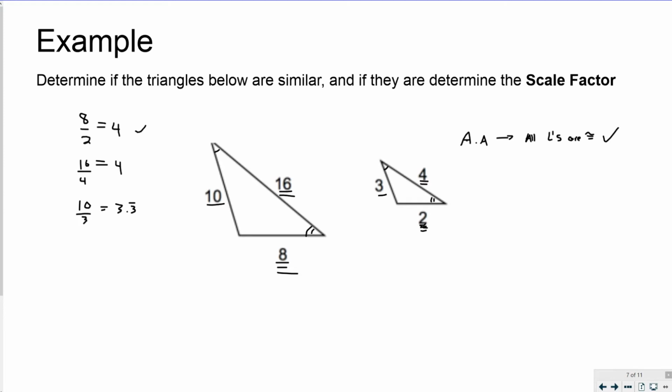And so 2 of these match up, but this third one does not. So I have to conclude here that the two triangles are not similar.